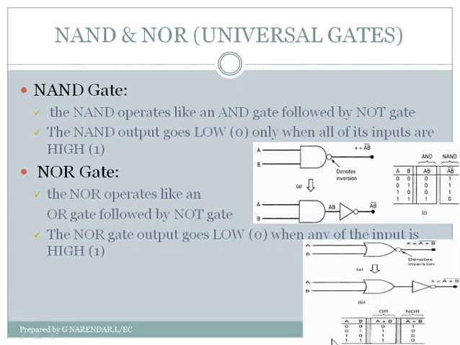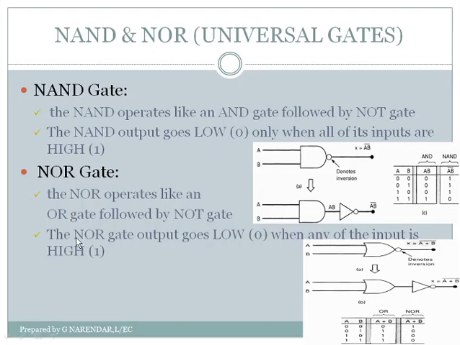And by observing the truth table, we can say that the output of NOR gate is high only when both the inputs are low, and in any other case the output of NOR gate is low.